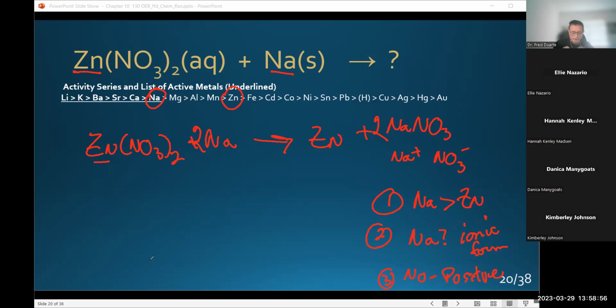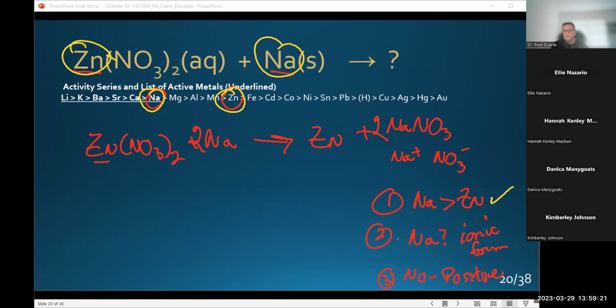Let me rehash this. Let me restate what we just did. Okay. Here's the reaction. Okay. What we did first is we compared the metals, zinc and sodium, right here on the activity series, to determine which was more reactive. And the series tells us that sodium is more reactive than zinc.